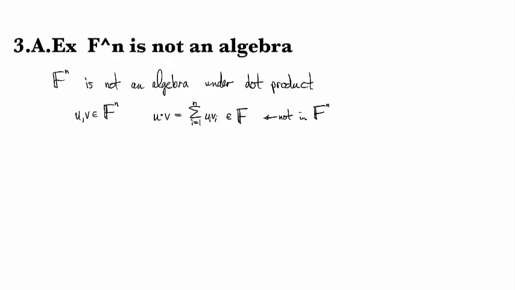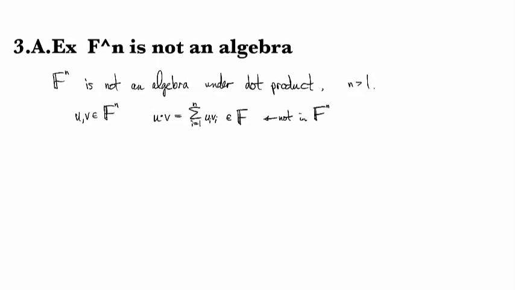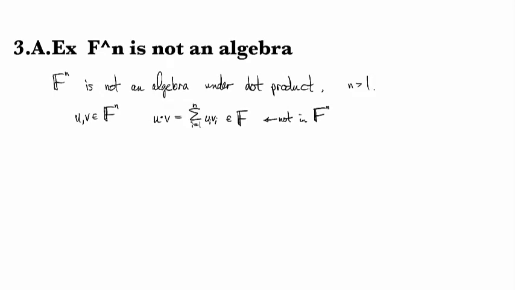So I guess to be precise here, I should say for n strictly greater than 1, because F is an algebra over itself in the standard trivial way, but not for anything else. So for vectors in R2 or C3 or anything like that, it's not going to work.